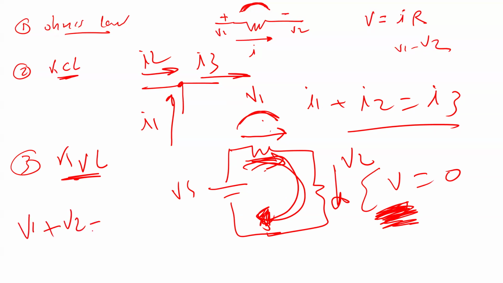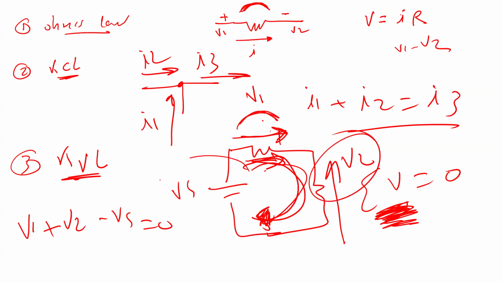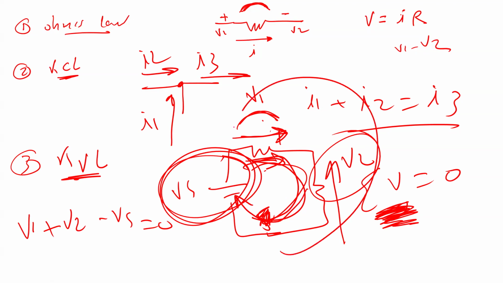V1 plus V2 minus Vs equals 0. For a resistance, if it is in the same direction as the current, it's gonna be positive. If it is in a different direction, I'm gonna take it negative. For the battery, if it is input from the negative, I'm going to take it negative. If it is input from the positive, I'm going to take it positive.